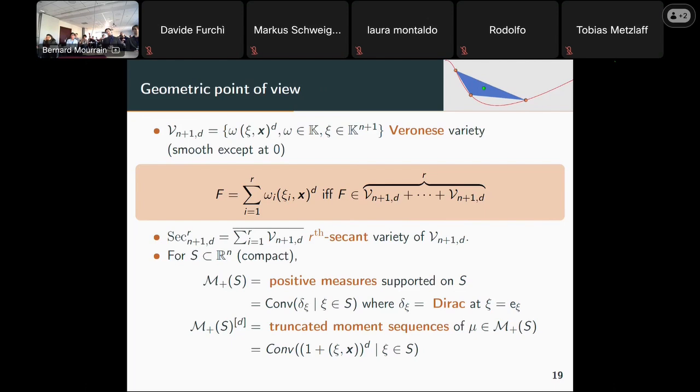In fact, we have the rays from the origin to points on this curve. When we take an element in the third secant variety here, it's like taking a point in a plane spanned by three red points. Take all the points on the plane spanned by these points. So this defines a point in the sum of these varieties.